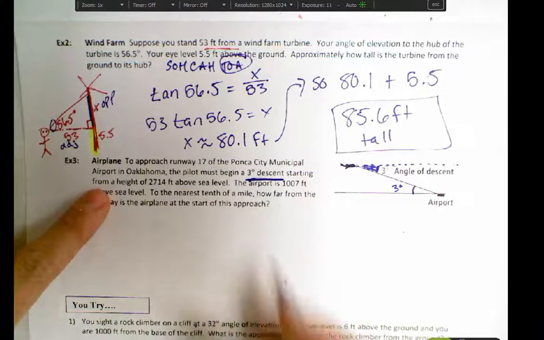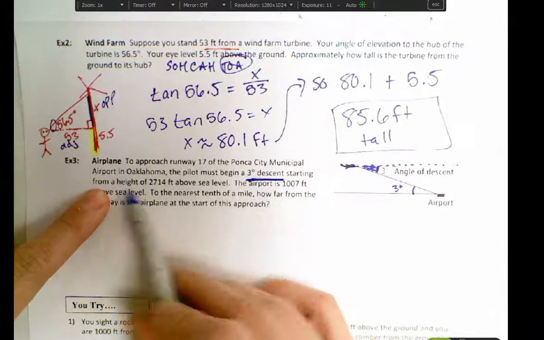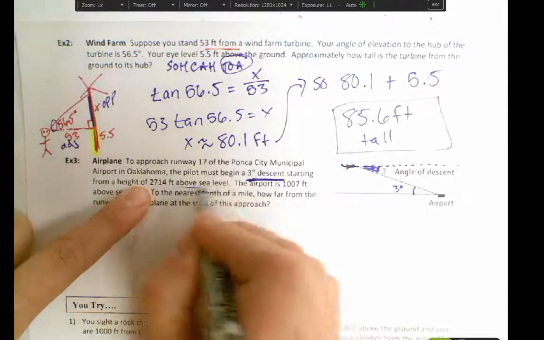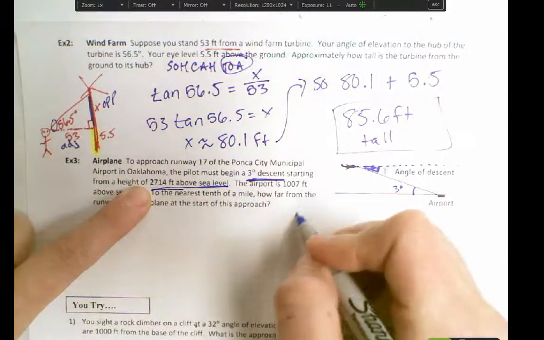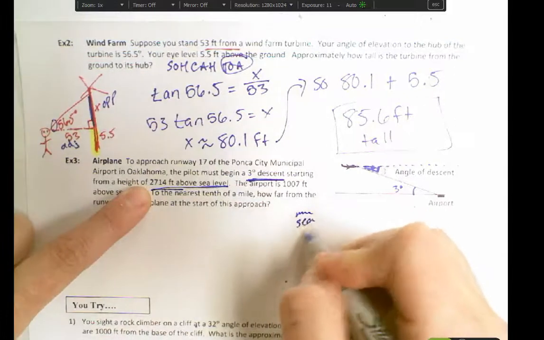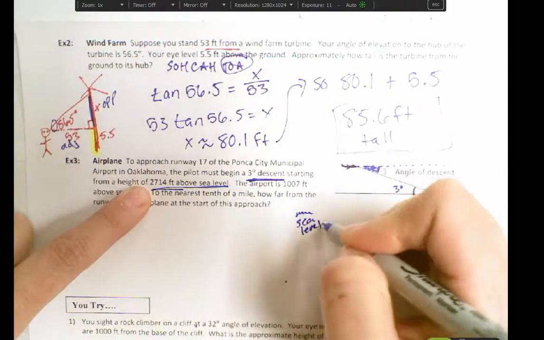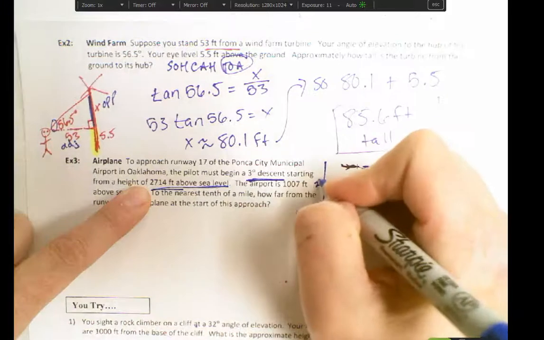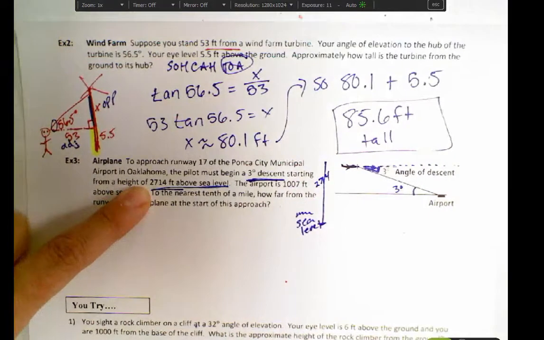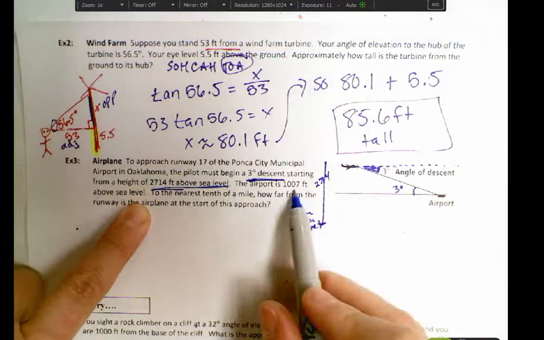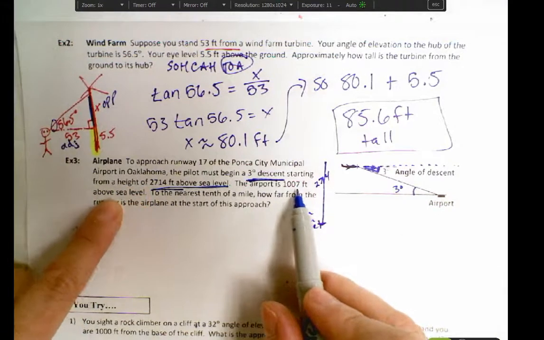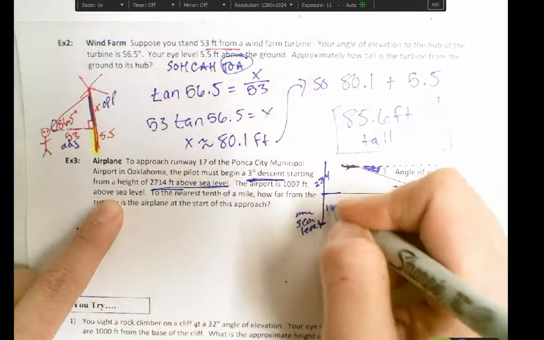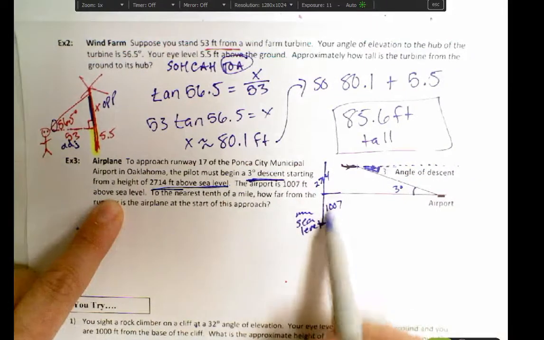The airport, 3-degree descent starting from a height of 2714 above sea level. So somewhere down here is sea level. And from all the way down here, sea level is 2714. The airport is 1,007 feet above sea level.